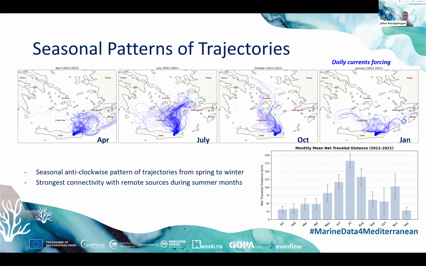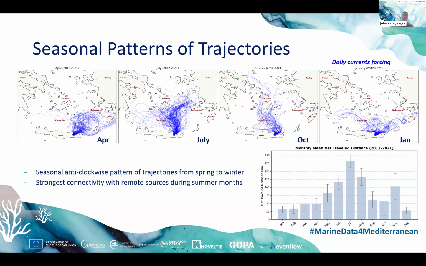So in the results, our ensemble of back trajectories shows a clear seasonal cycle. Here you can see the aggregated tracks over the whole 10-year period and for a representative month per season.